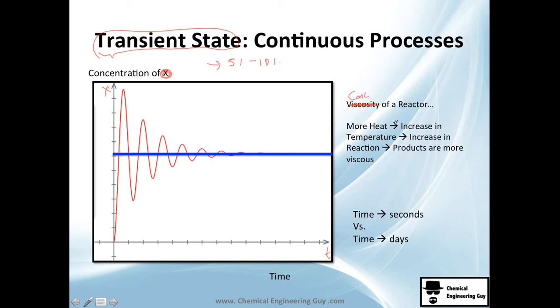They tell you normally that here, when you add heat, you increase the temperature, of course. Hopefully you understand that. And if we increase the temperature, we're going to increase the reaction. And the products are more viscous, or let's say, ignore viscous, concentrated. So, what happens here? Just analyze this graph.